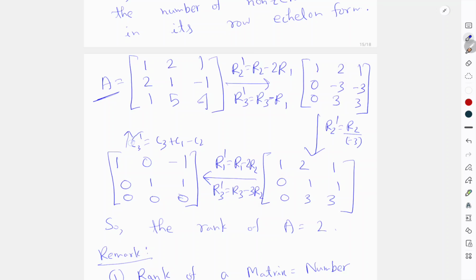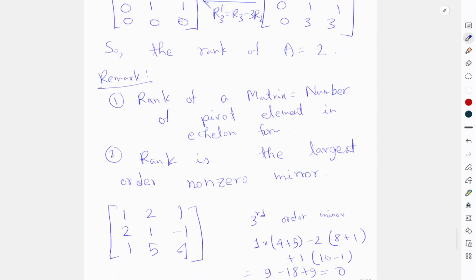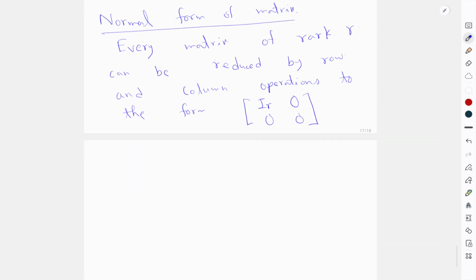Remember, as I told you earlier, whatever operation you start with, that thing will stay the same, and after that you apply the others with some constant multiplication. You should get I2 0 0 0 0. So you are getting this type of block, and this matrix is converted into the corresponding normal form.